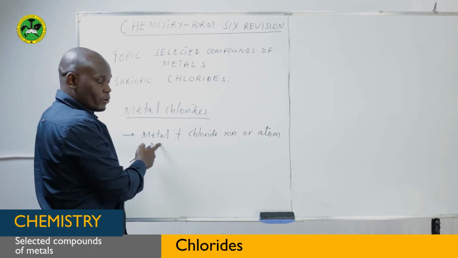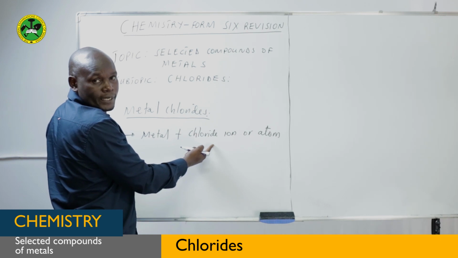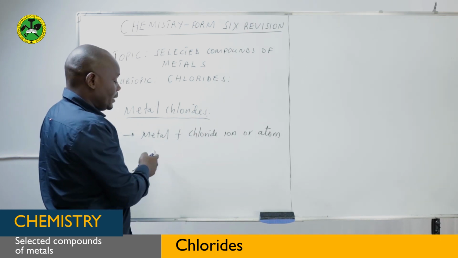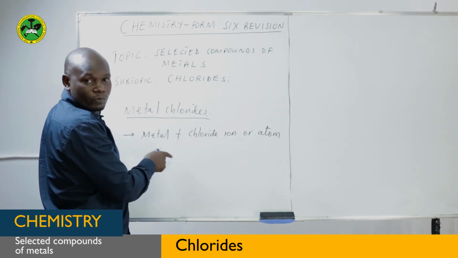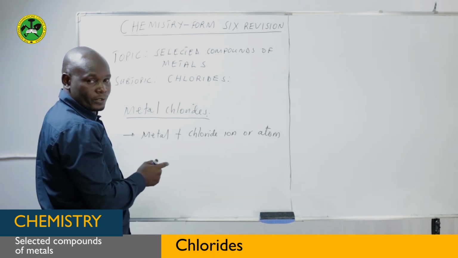But if a metal combines with chloride ions, which can be obtained from any compound, then the resulting product is the metal chloride, and that method is known as the indirect method of preparation.